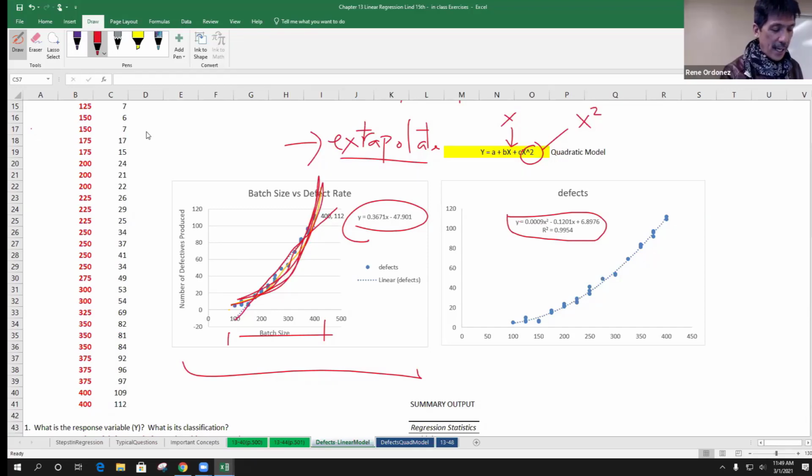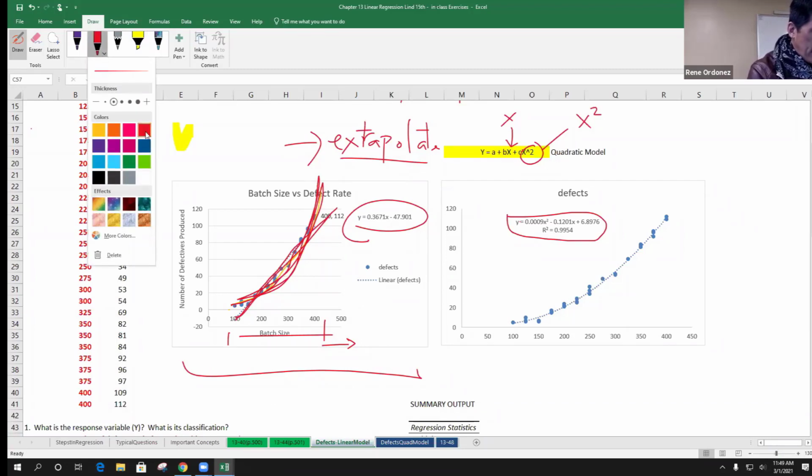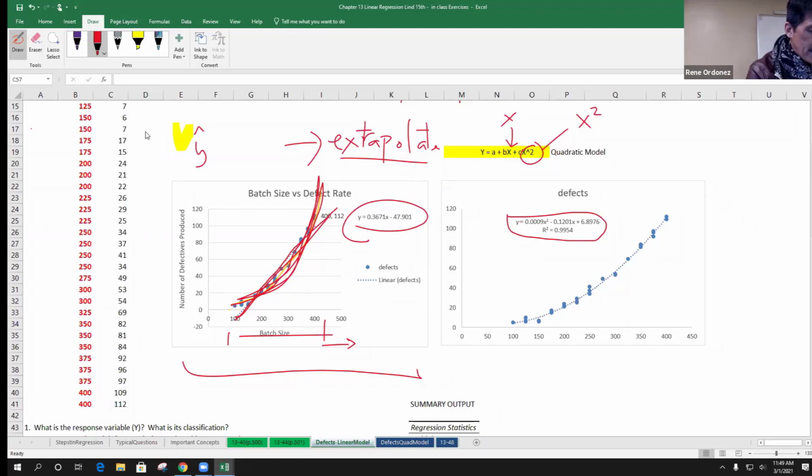But if we force a linear model to that and use that linear model for extrapolating, meaning going beyond the relevant range of data, what is it that you observe in terms of the difference between the predicted y, so y hat?